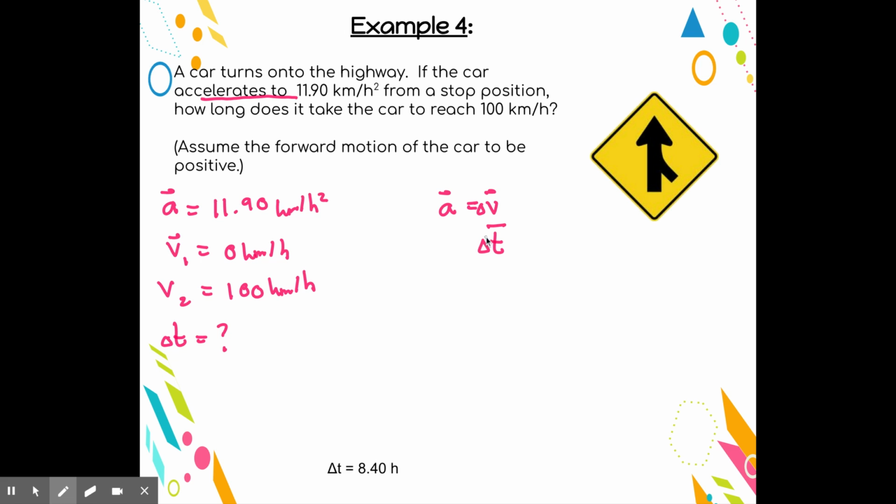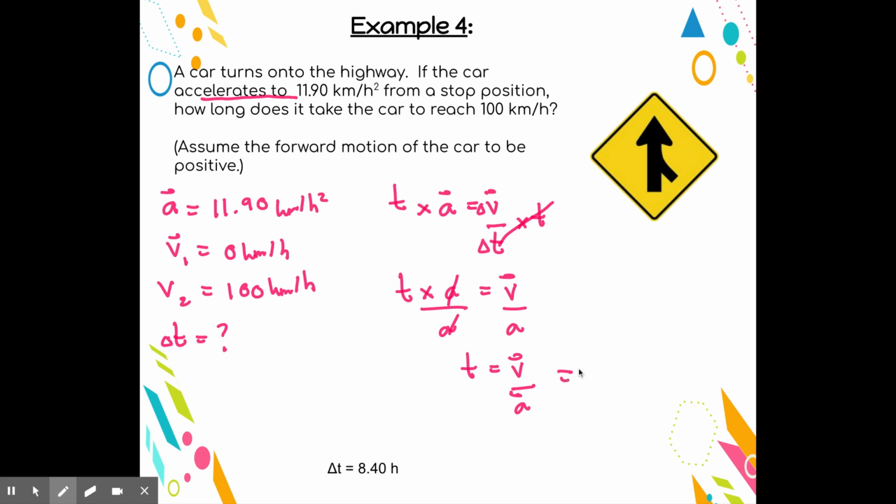So I'm going to multiply by t. Okay, so t times a is equal to v. And if I'm looking to solve for t, I'm going to divide each side by a. So this is another one, if you don't love algebra, write this formula down. You're going to want access to it.